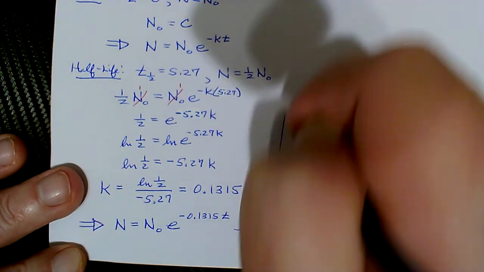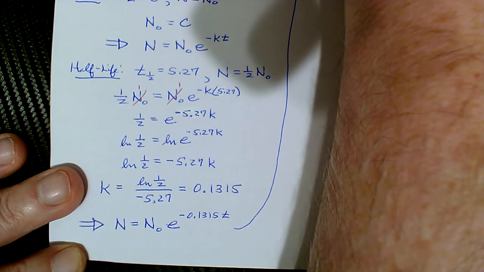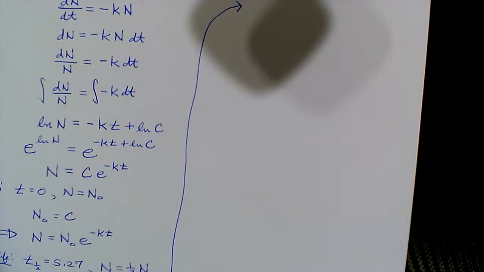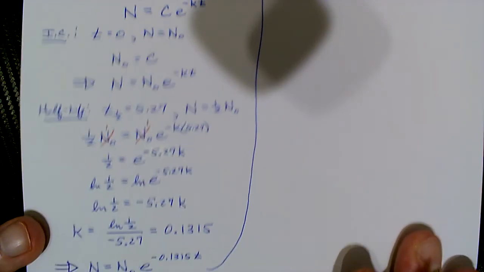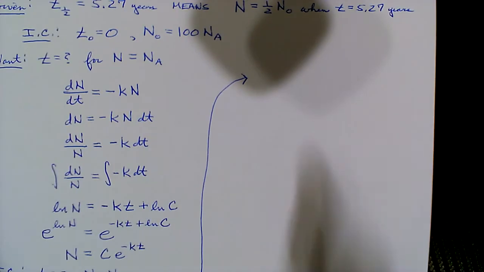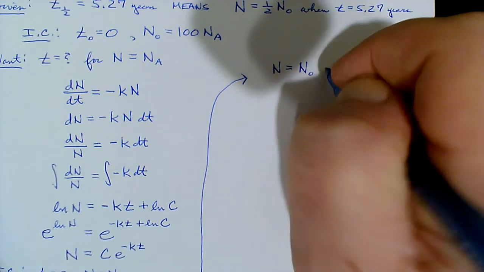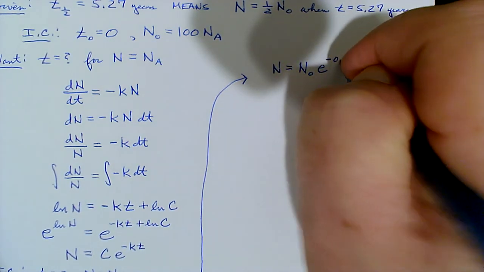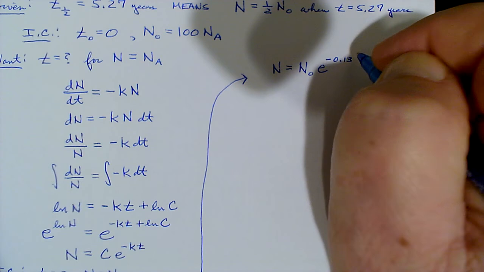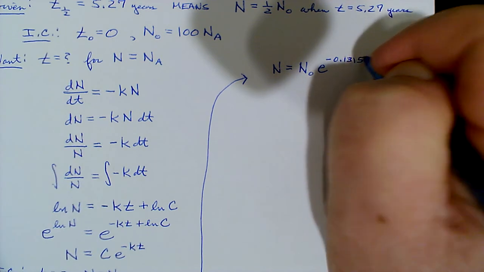Alright, let's bring it up here to finish it off. Okay, so there's our equation. I'll recopy it up here. N is n sub 0 e to the negative 0.1315t.